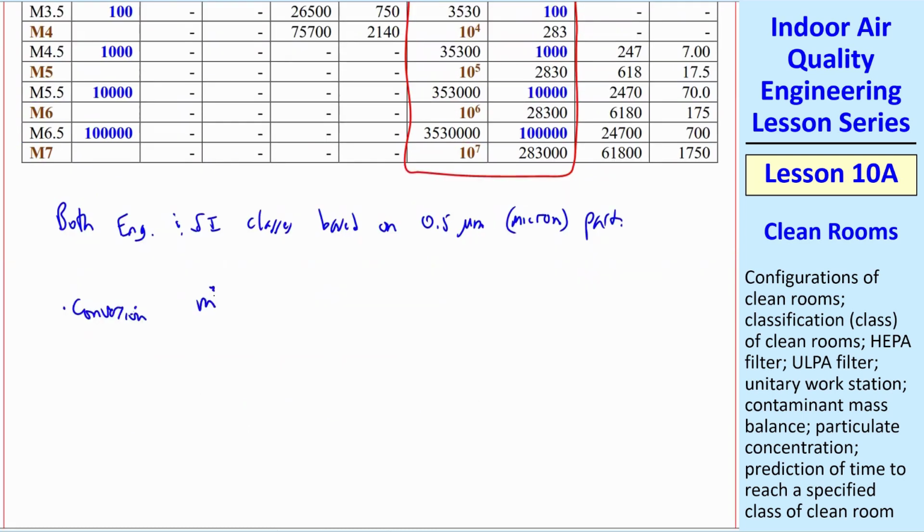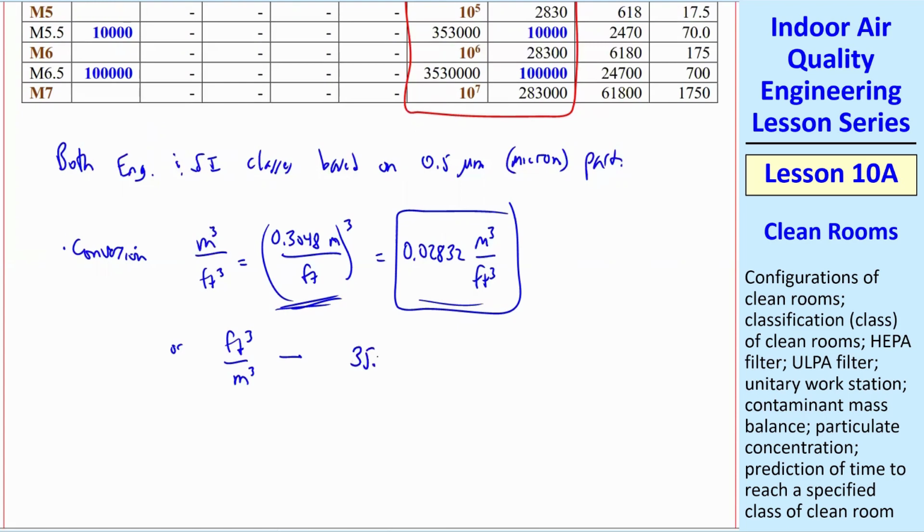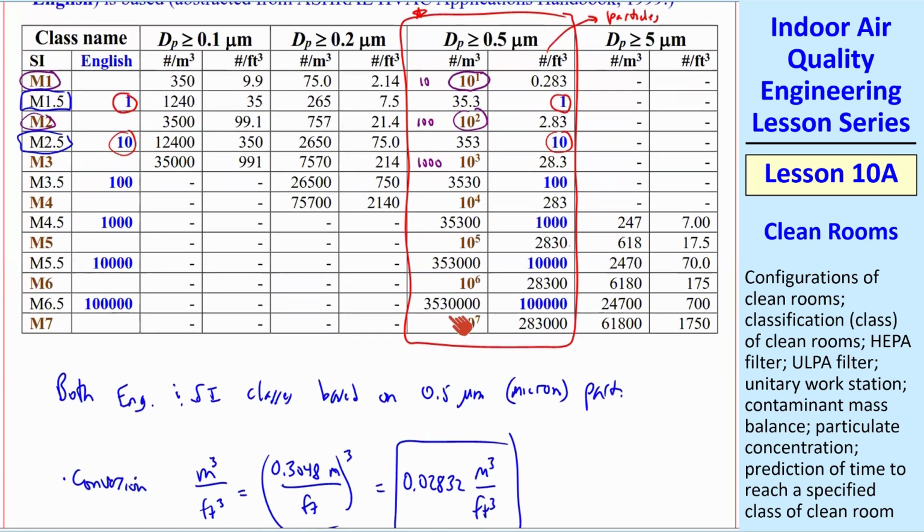The conversion meter cubed per foot cubed is 0.3048 meters per foot, and then we cube that. So the conversion is equal to 0.02832 meter cubed per foot cubed. So that's a unity conversion factor. Or if you're going the other way, 35.31 feet cubed per meter cubed. And that's why we see these numbers here.